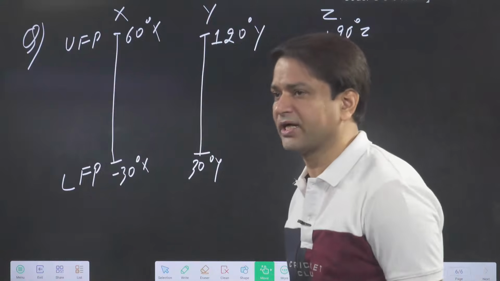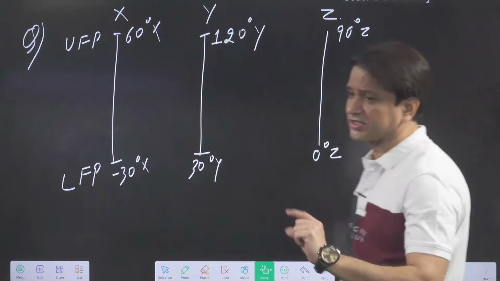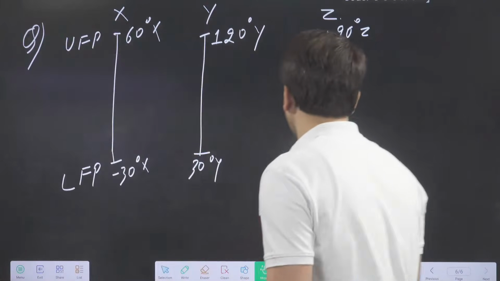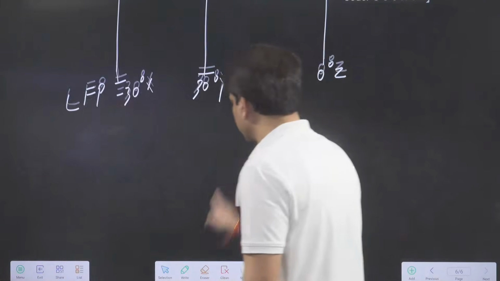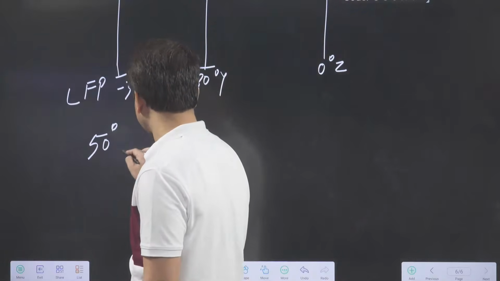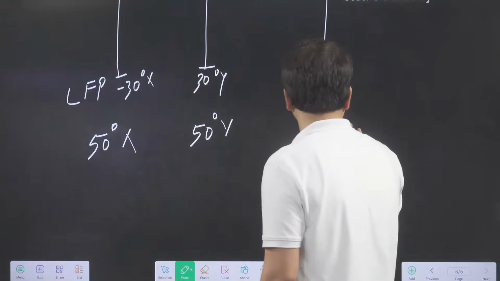Scale Y has how many divisions? 90. Scale Z has how many divisions? 90. So each division in all the scales is equal. Now what is the actual problem? Suppose this scale is showing 50 degree X, its reading is 50 degree Y, and its reading is 50 degree Z.